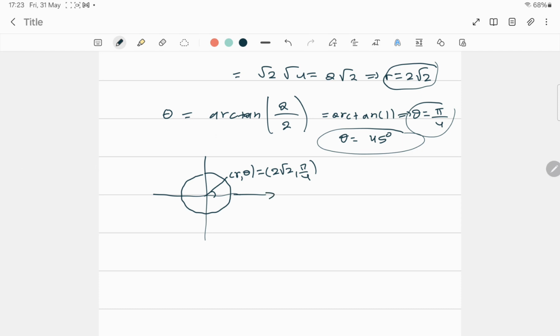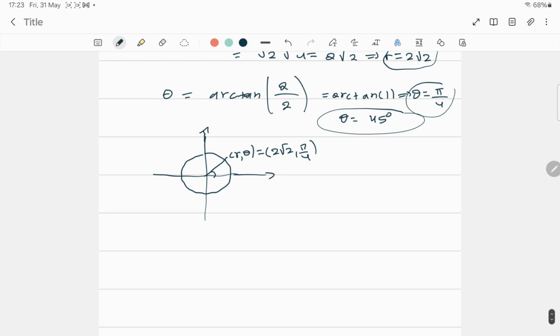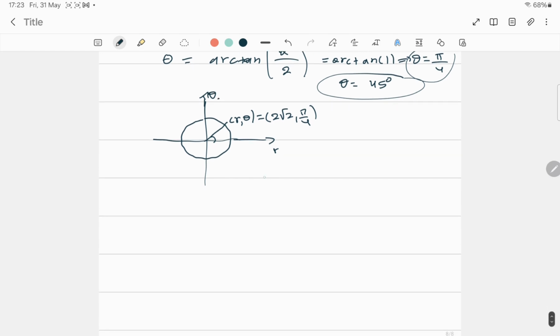So this is my graph here, r and theta. And finally I can write that z equals r times e to the power of i theta. z equals 2 times the square root of 2 times e to the power of i pi over 4. This is the polar form.